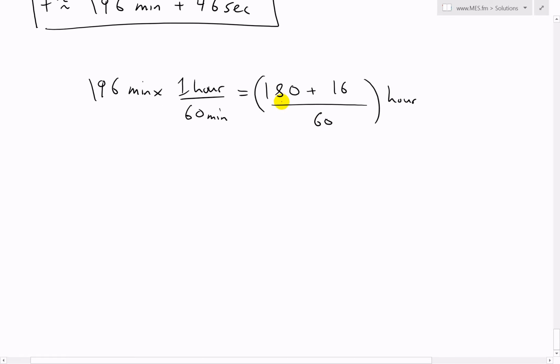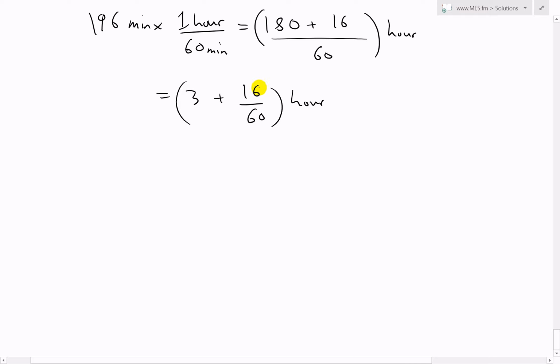So again, 60 goes into 180, I just divide that up. This is 3 hours, so we get a 3 plus 16 over 60, and this is in hours. And again, this is the same thing as writing, the 16 over 60, if that's an hour, is a fraction of an hour, which is what 16 minutes are. So this equals 3 hours plus 16 minutes.